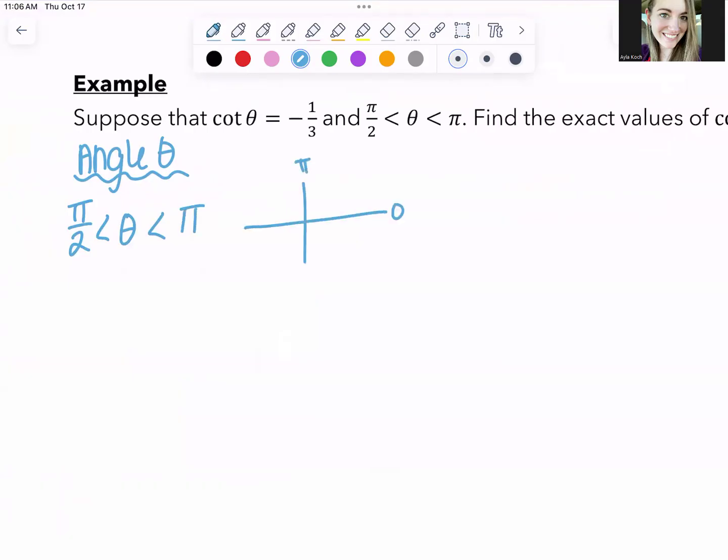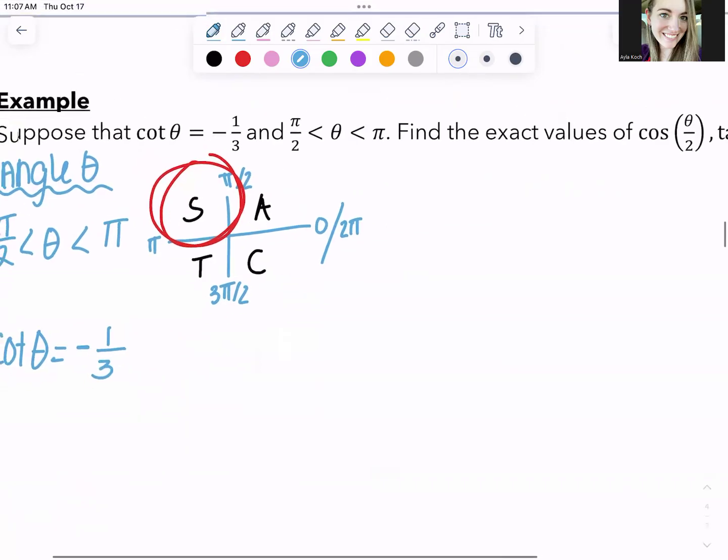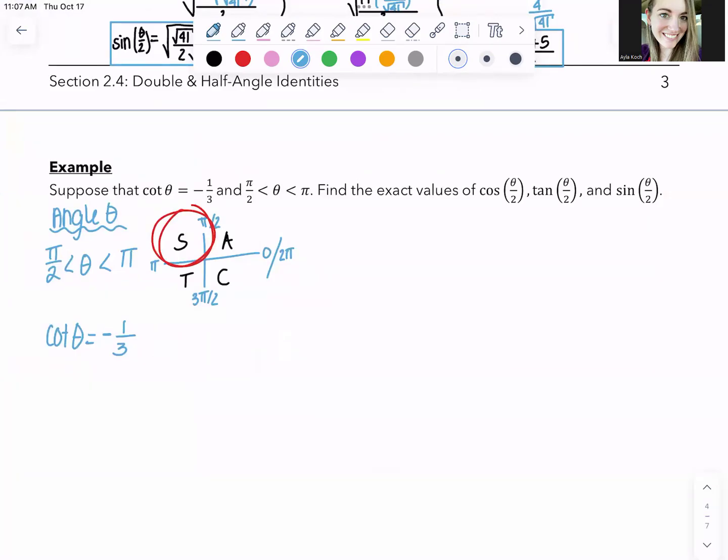So 0, pi over 2, pi, 3 pi over 2. This guy is 2 pi. Being between pi over 2 and pi puts us here in quadrant 2, right? And all students take calculus. We know that cotan of theta is equal to negative 1/3. We want to find cosine of theta over 2, tangent of theta over 2, and sine of theta over 2.